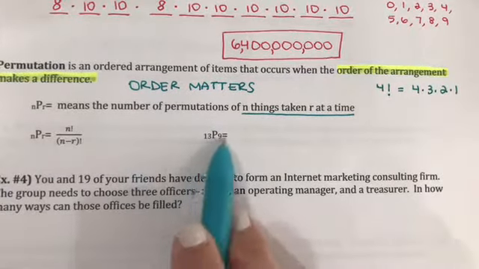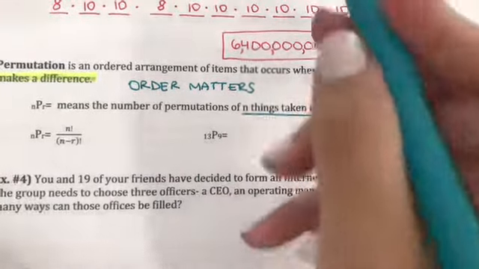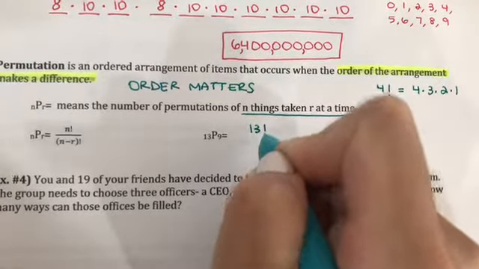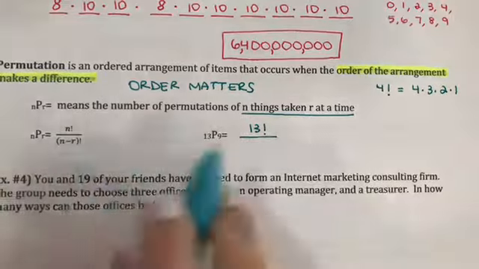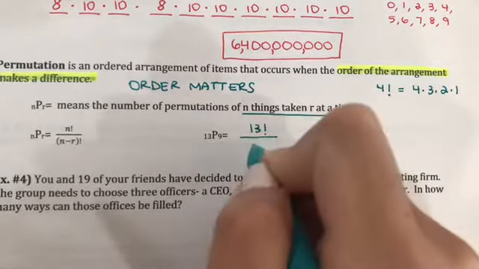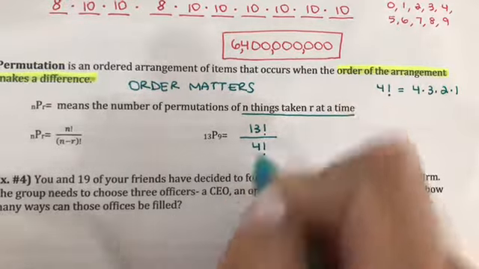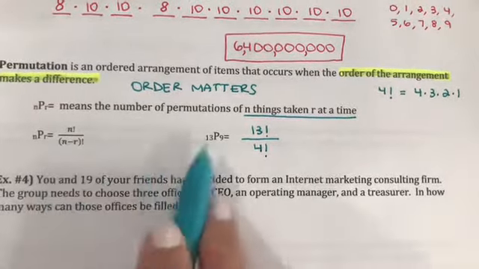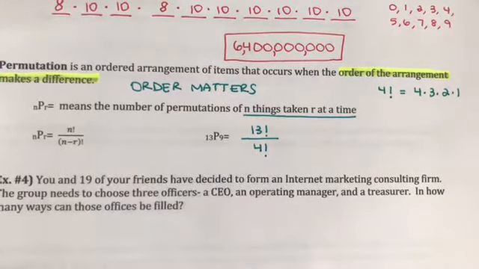So for example, if we were doing this one by hand, we've got 13 factorial on top over 13 minus 9 factorial. We subtract those, and we get 4. Notice that it's n minus r, 13 minus 9 is 4.